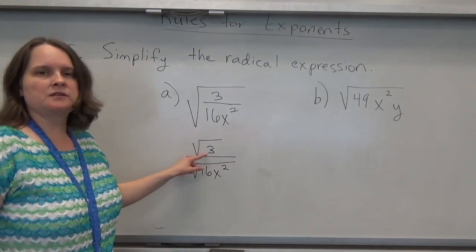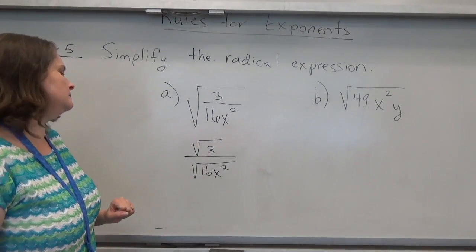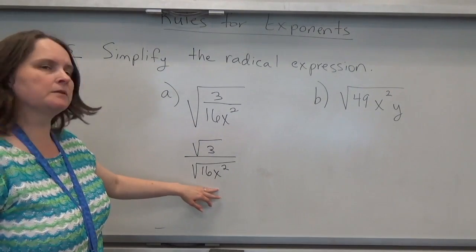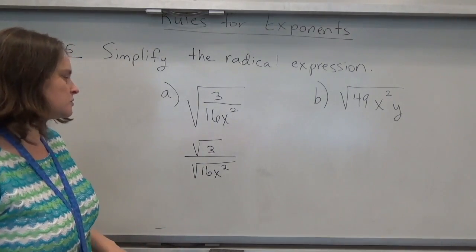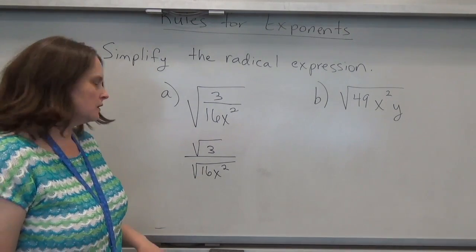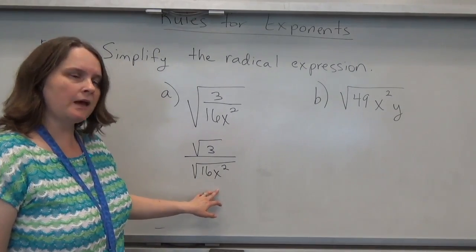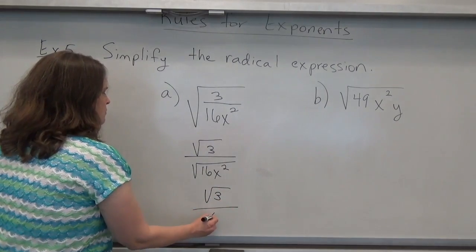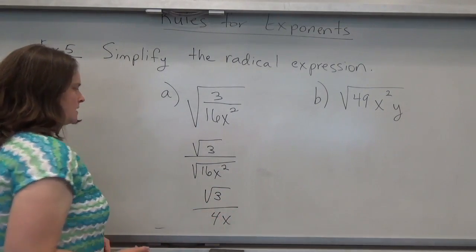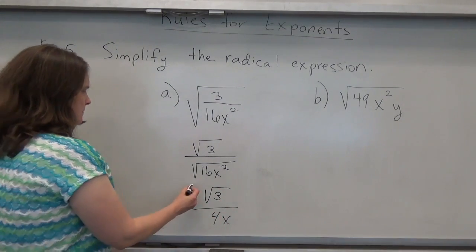And there's nothing I can do to simplify the square root of 3. But in the denominator, I can simplify this radical because I have perfect squares inside. I know that the square root of 16 is 4, and the square root of x squared is x. So we've got the square root of 3 over 4x. And that is our answer for this one.